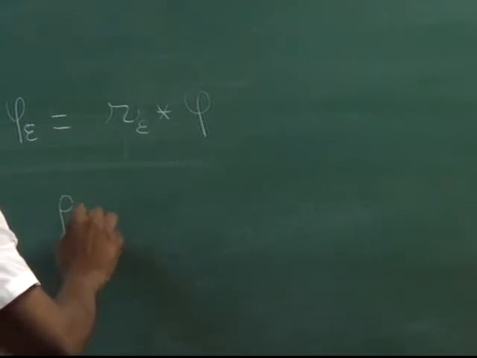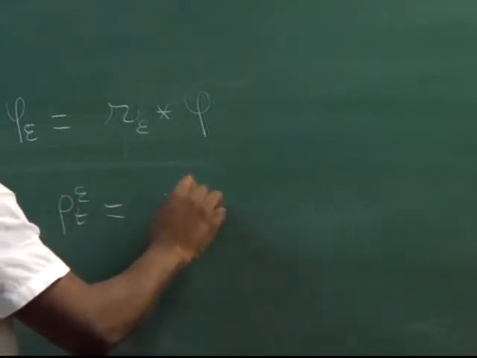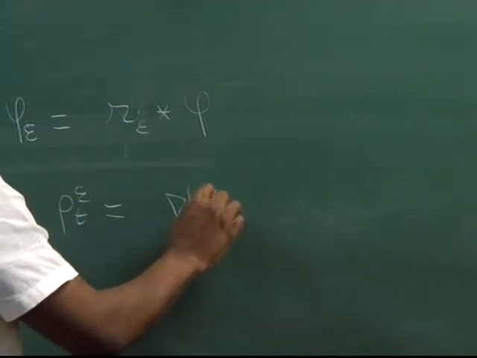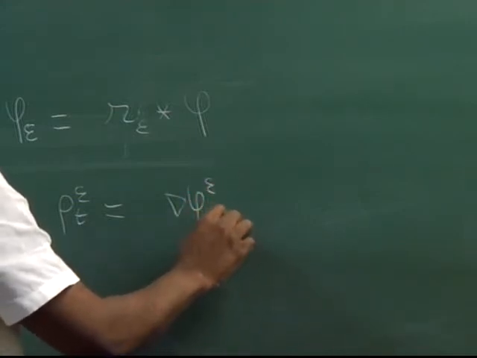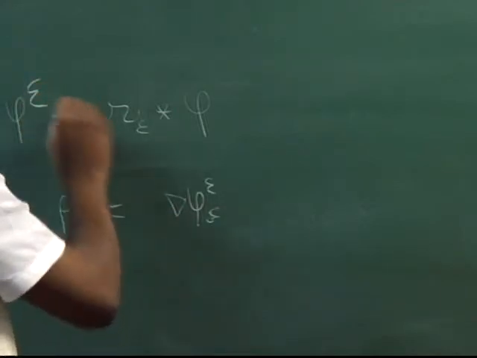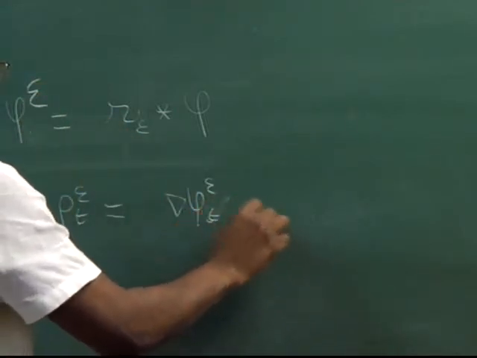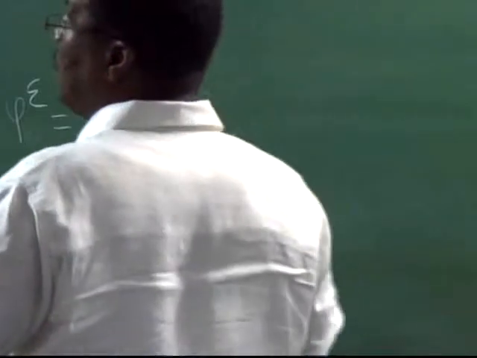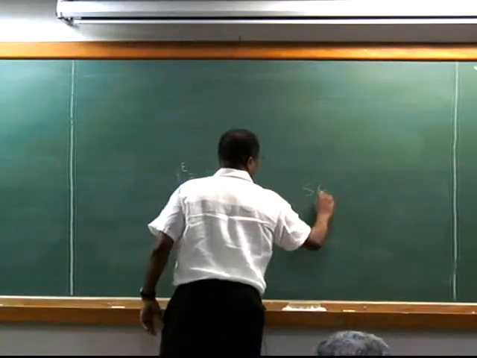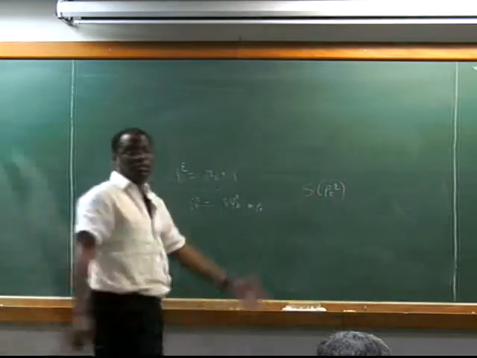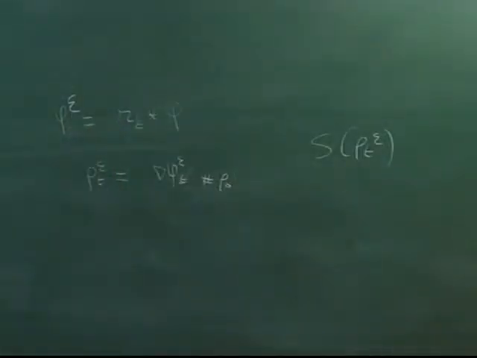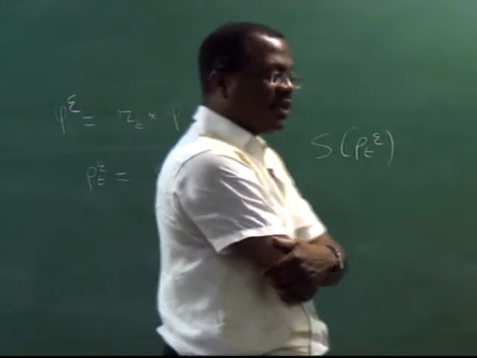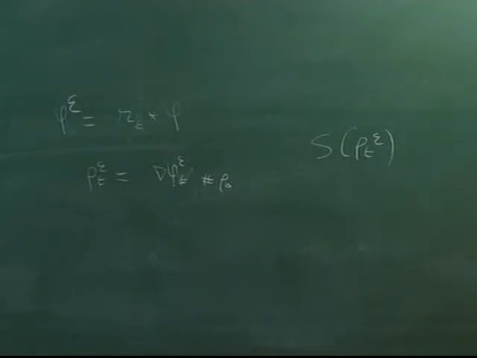And then you define rho t epsilon equal to the gradient of phi t epsilon push forward rho naught, and you do the computation with this. You show that this function, which now depends on epsilon, S of rho t epsilon, is convex for each epsilon. But the limit when epsilon goes to 0 of such a function will be S of rho t. So a limit of convex functions is convex.